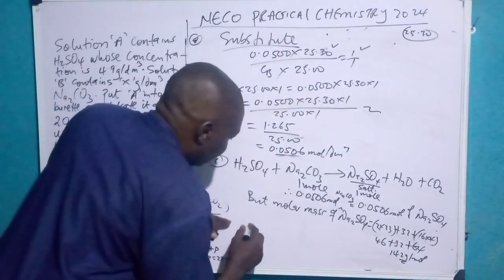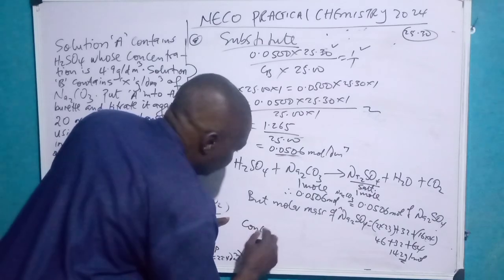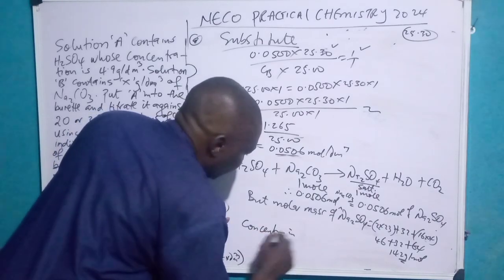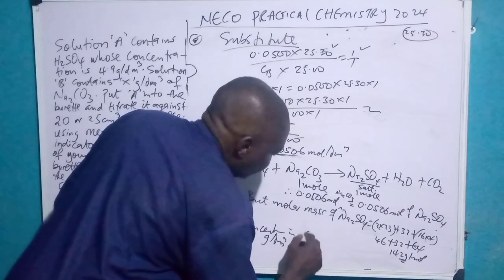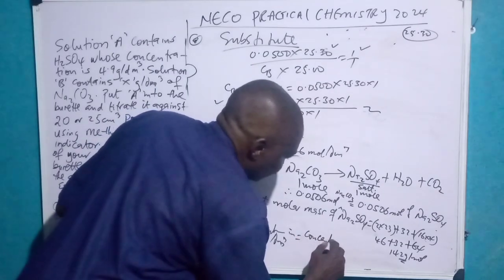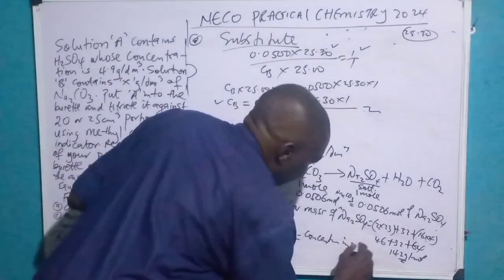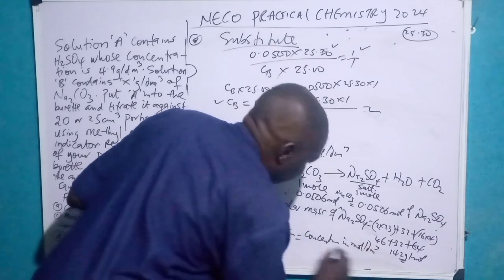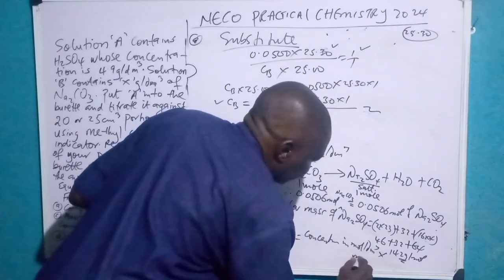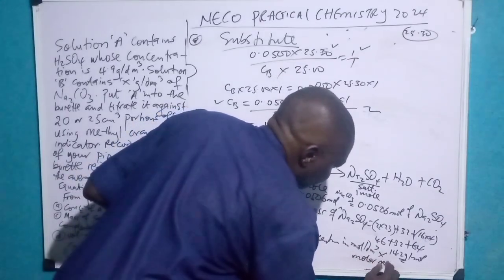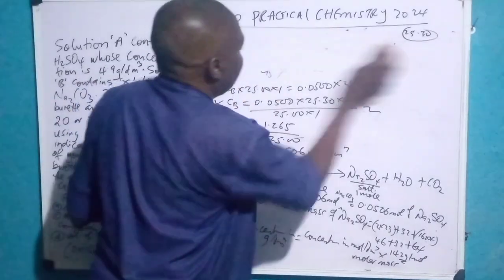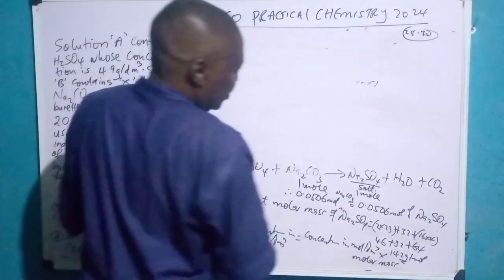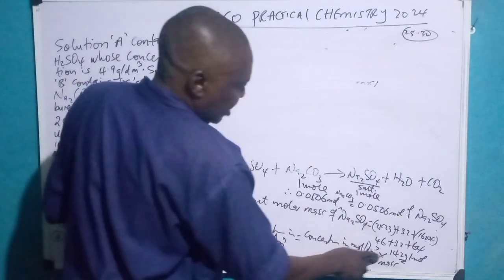You know that mass concentration in gram per dm cube equals concentration in mole per dm cube times molar mass. We can discard this one on top. Let's clean them so that I have enough space.